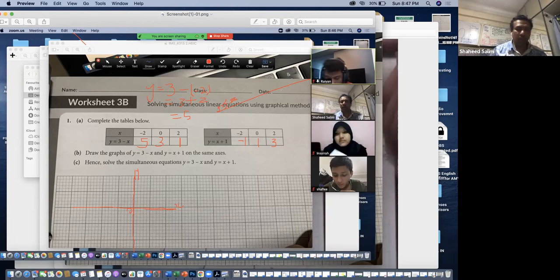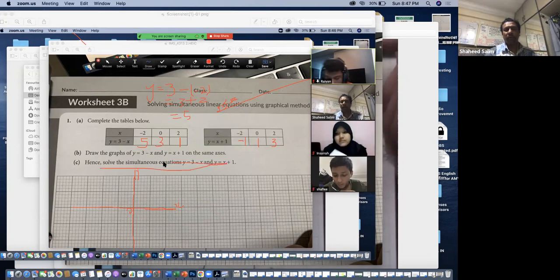Okay, we just wait for a while, a few minutes more. And then now we ask Shafi and Inshira to try to solve this question. Try to see whether you can understand what these things are. They want you to solve the simultaneous question.